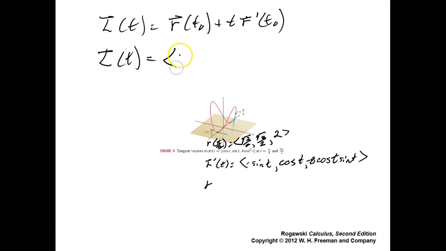This is our vector, square root of 2 over 2, square root of 2 over 2, 2. Plus, t is the parameter, okay, you're doing a parameterization, and this would be, what vector is that?